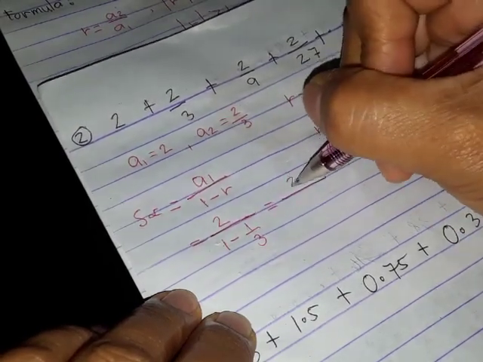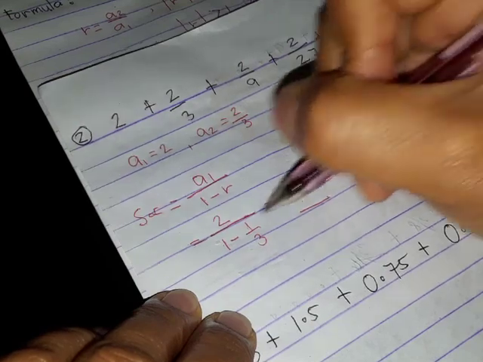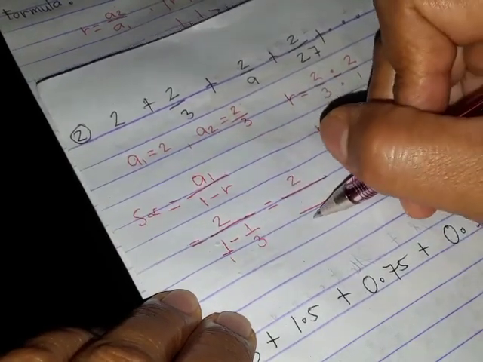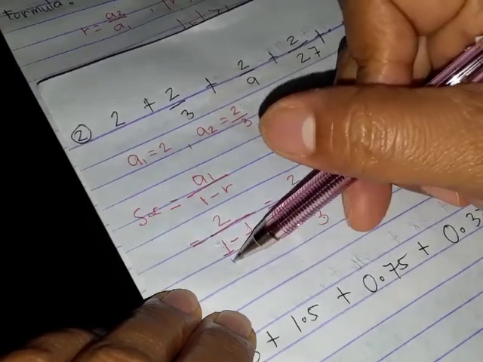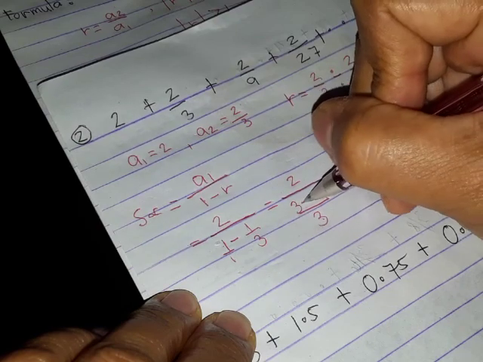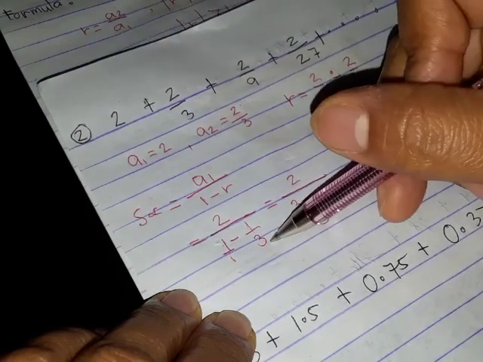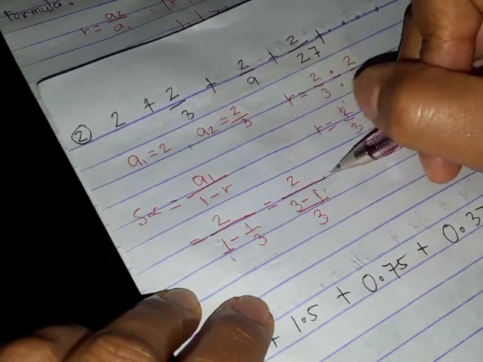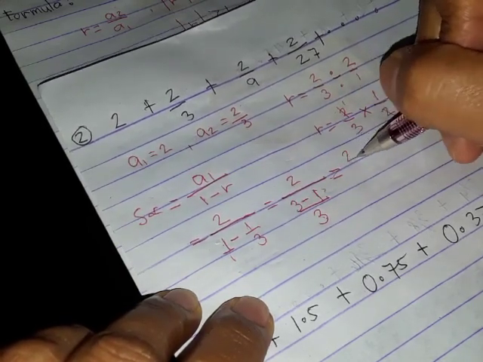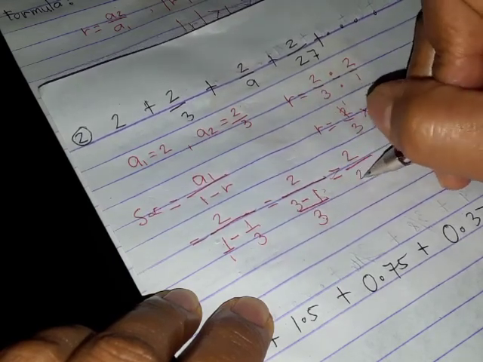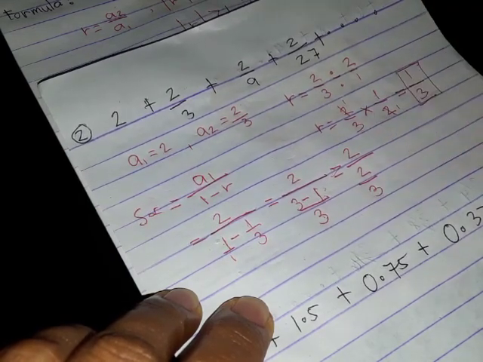So, copy 2. Then, ang LCD natin, ang denominator natin ay 1. So, 3 divided by 1 ay 3. 3 times 1 ay 3. 3 divided by 3 ay 1. 1 times 1 is equal to 1. Next, 2 all over 3 minus 1 ay 2 over 3.